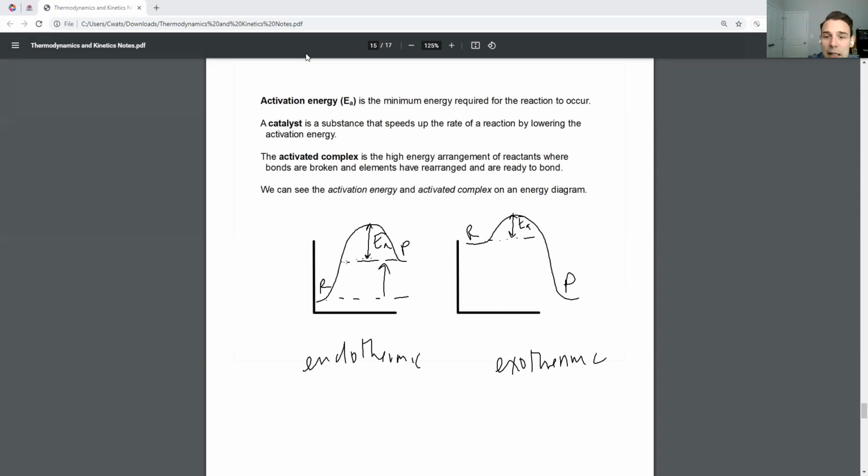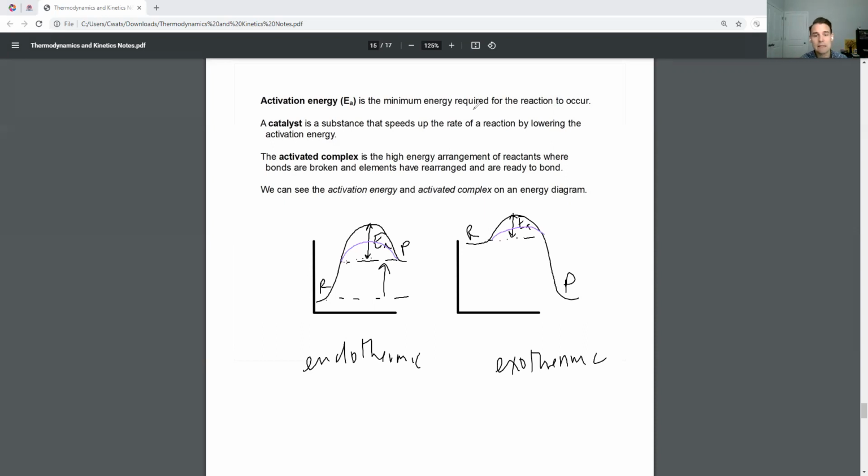Now, if I was to put a catalyst in there, what the catalyst does is it speeds up the rate of the reaction because it lowers your activation energy. So my activation energy would now be there, and you could see less energy is required, and therefore it will occur faster.